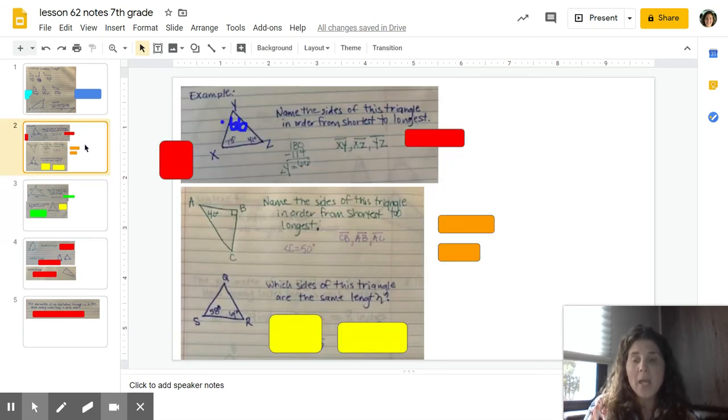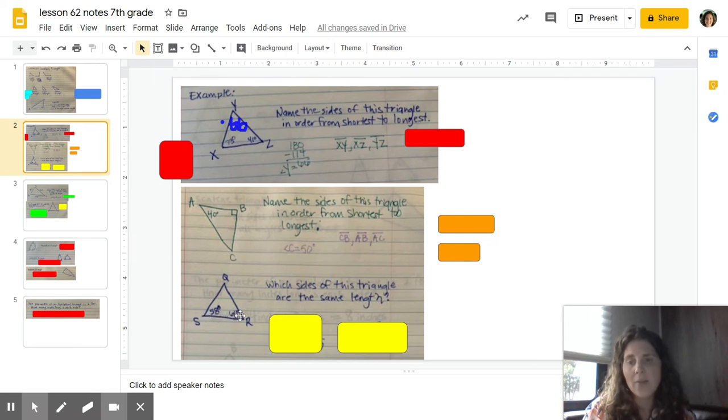Okay, now, let's just look at this question. It says, which sides of this triangle are the same length? So again, you need to figure out what my third angle is, right? So you've got 58 and you've got 61.